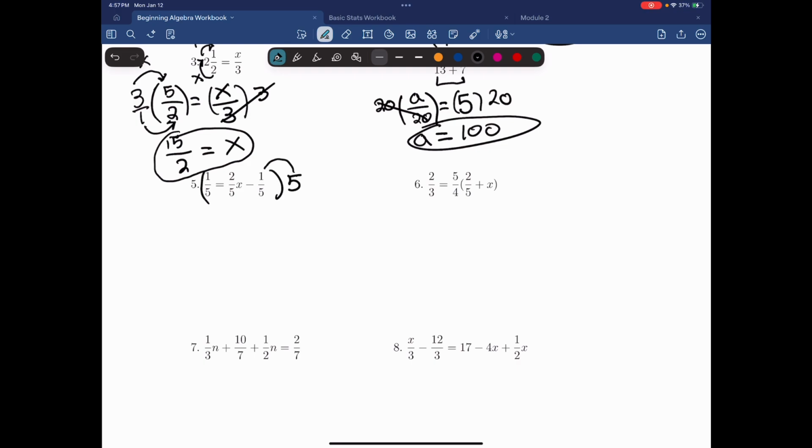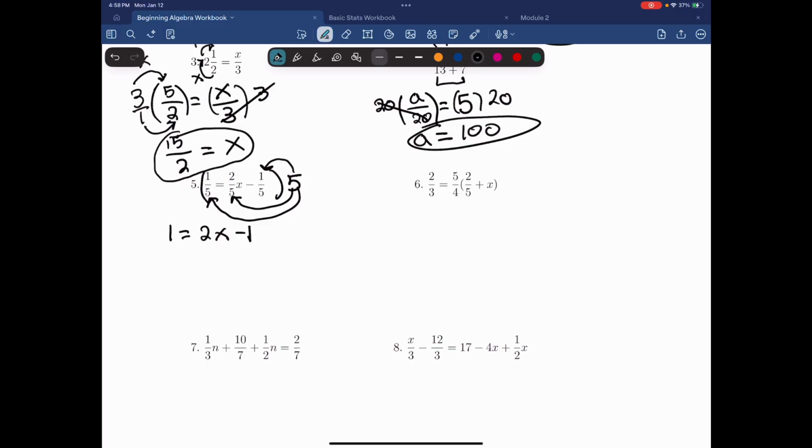Because when we distribute this 5 to all these fractions, all the denominators cancel out. So all we're left with is 1 equals 2x minus 1.